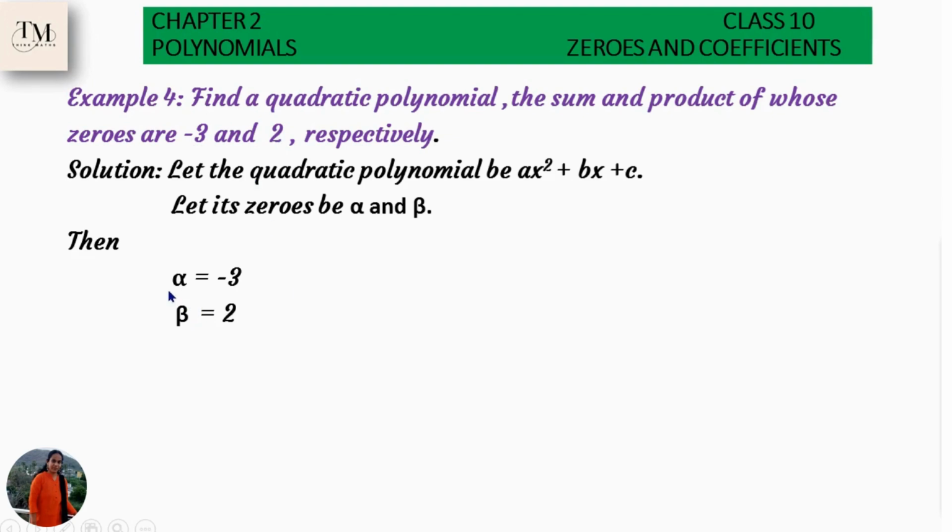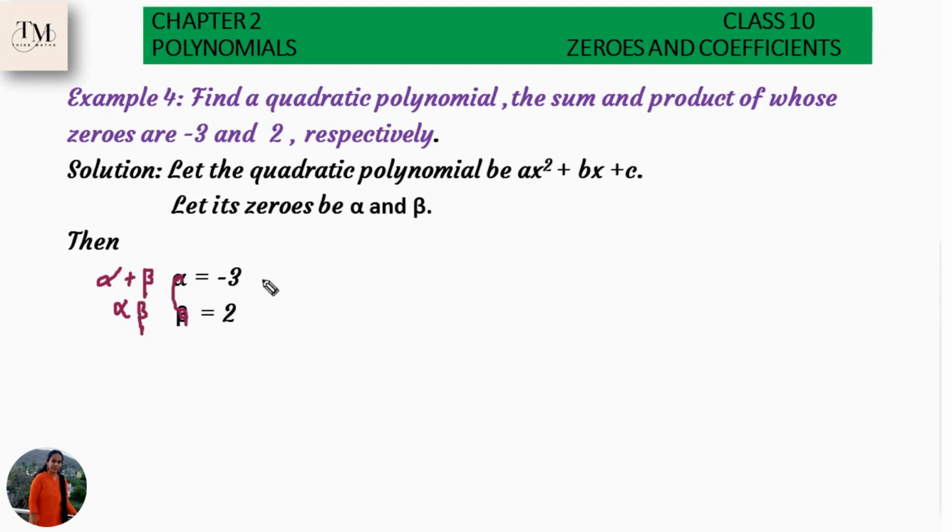Here they do not give alpha and beta separately, they give alpha plus beta, which is equal to minus 3, and the product, that is alpha beta.